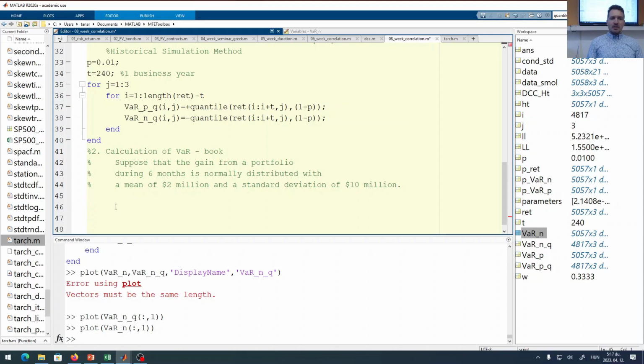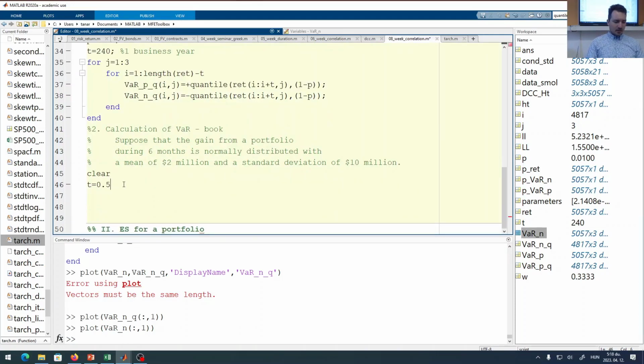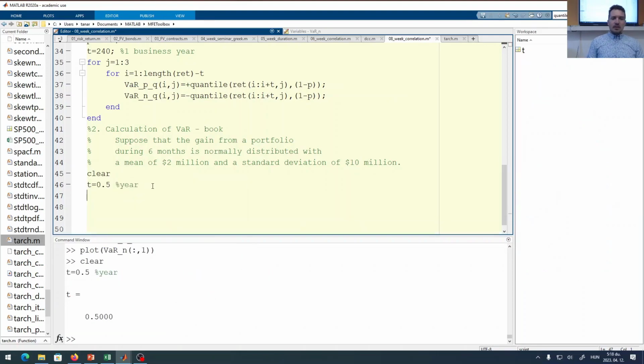The portfolio value during 5 months is normally distributed, so 5 months, T equals 0.5 here, with a mean of 2 million USD and a standard deviation of much more USD.